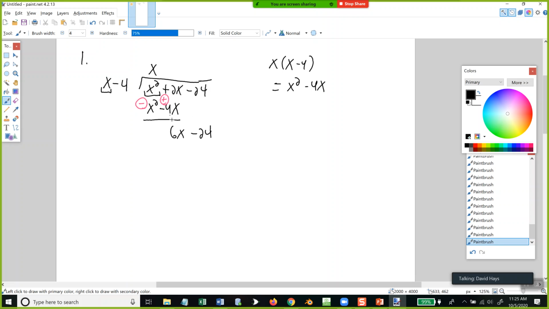And then we repeat the process. You look at the first term of each, decide what goes up on top. You ask yourself what times x gives you 6x, and that'd be 6. Always what you put up on top, you're going to multiply by what's out in front. So I'm going to take 6 times x minus 4. That gives us 6x minus 24.